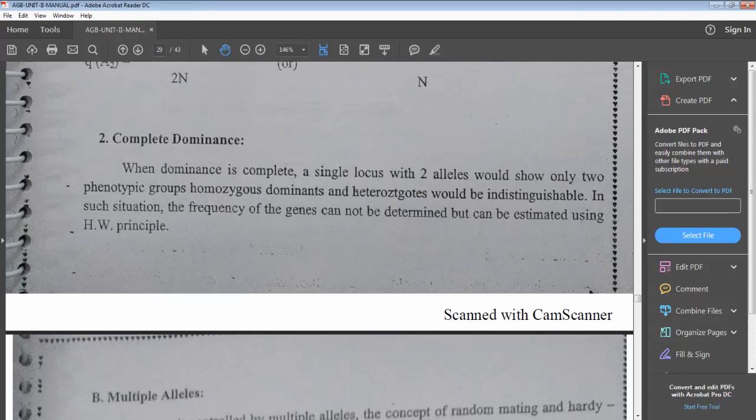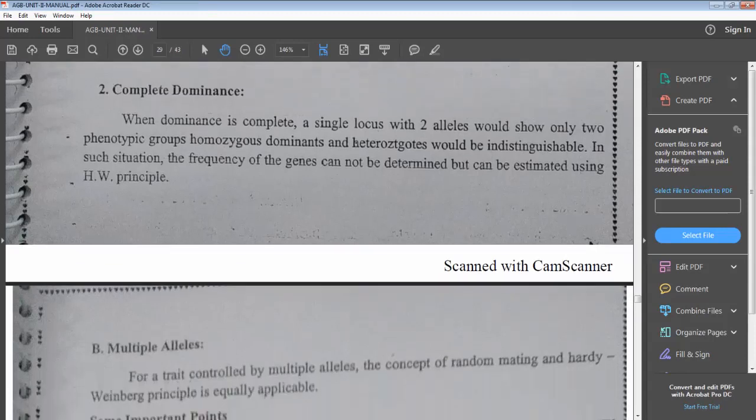At that time we had seen complete dominance, incomplete dominance, and no dominance. So in that situation we only have the homozygous groups; heterozygotes are generally not seen.